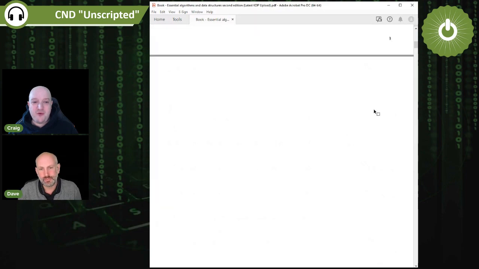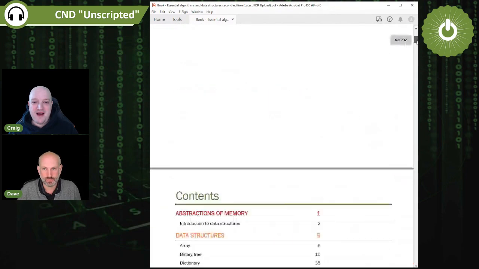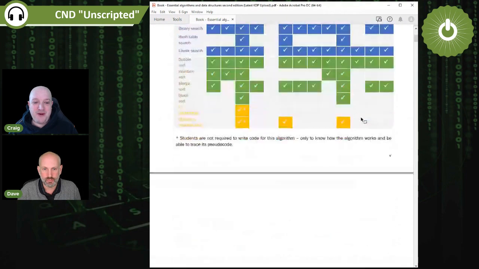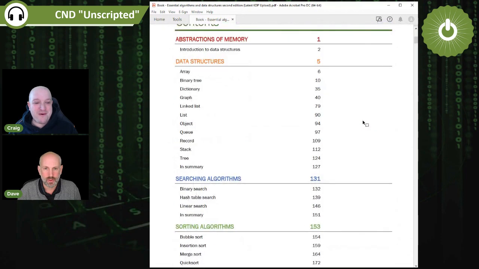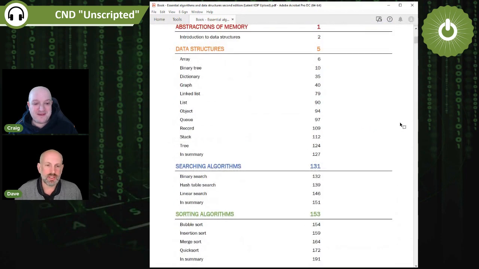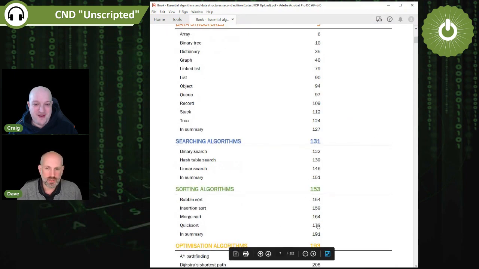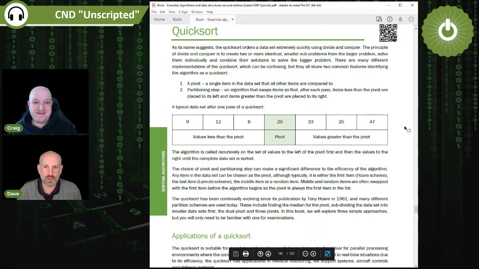So if you want to talk about some of this, Dave, is there a particular chapter that's a good example you'd like to take us through? Well, since I mentioned quick sorts, should we have a quick look at quick sorts? Because they often cause a bit of confusion.